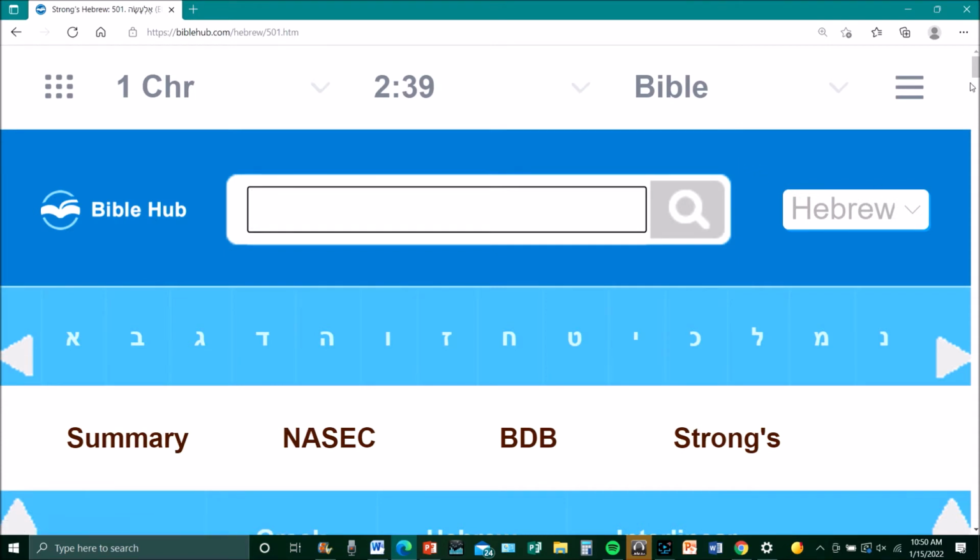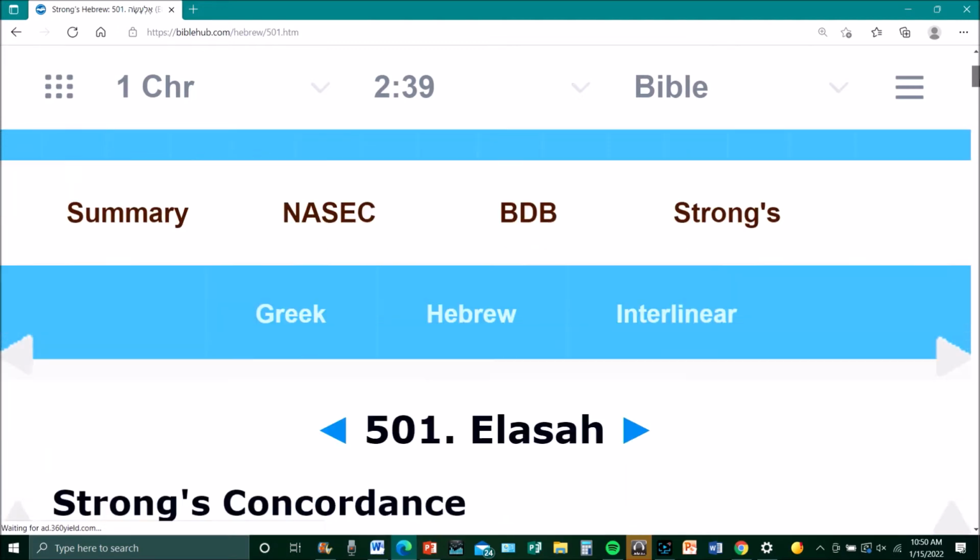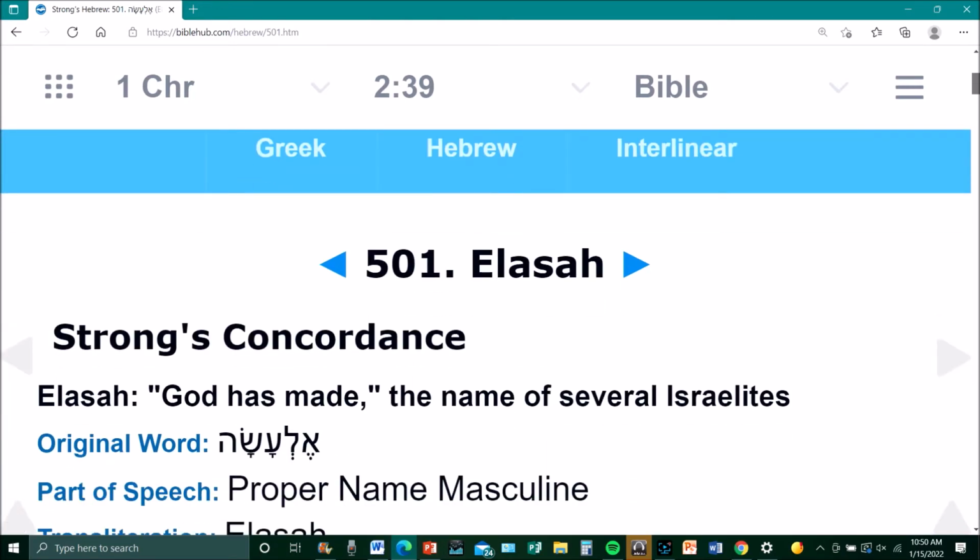Because again, the energy signature frequency, even though the vowel point is different, the letters are still there. So it's all connected. In the original script, they did not have vowel points. Vowel points mean how you pronounce it, and you see when Strong's has a different vowel point.